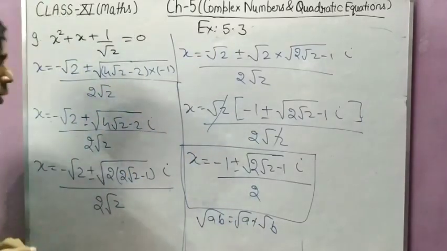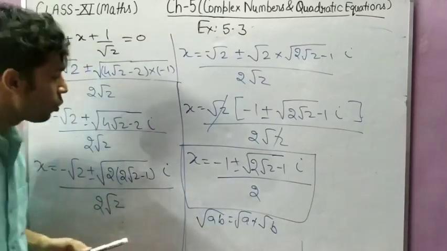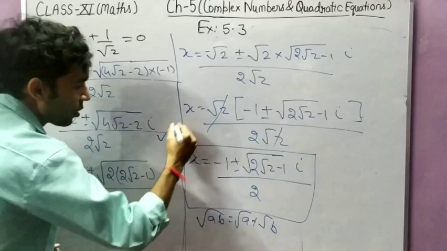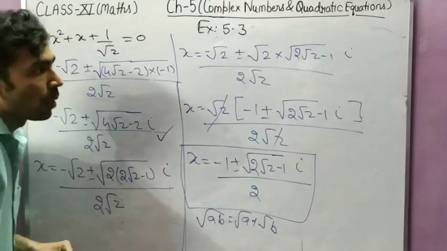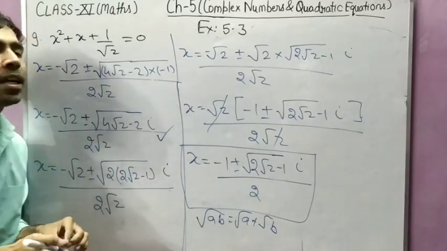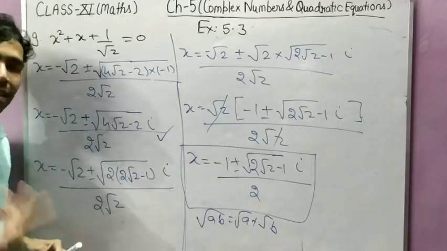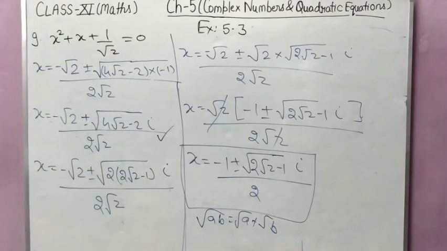If you are uncomfortable simplifying it, you can write your answer up to this only, and that will also be correct. I just solved it further, but you should know how to solve it. When you practice, students, you will get the answer. So question number 9 I have discussed.